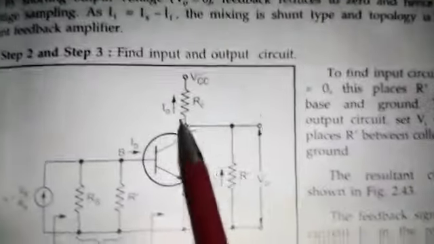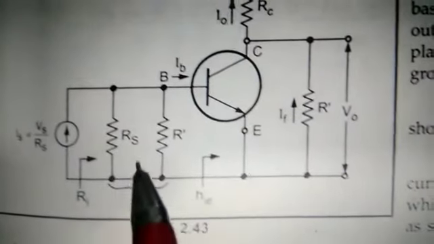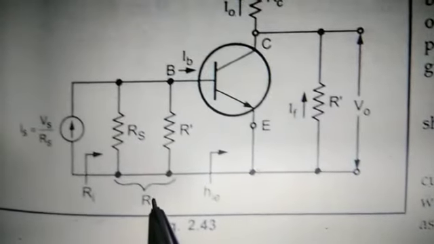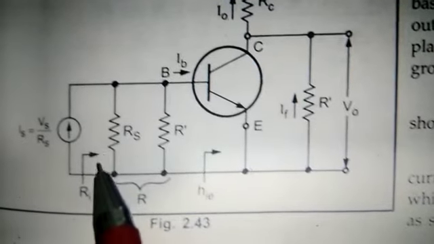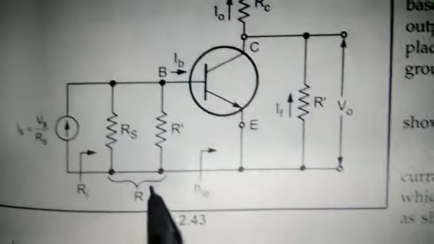Once you get this input and output circuit, you have to mark this Rs and R dash parallel combination, referred to as R, and Ri is the input impedance looking from the input side, including this R also.